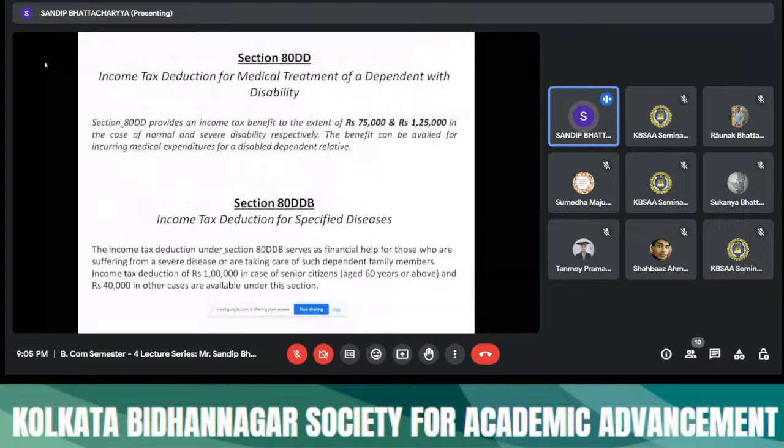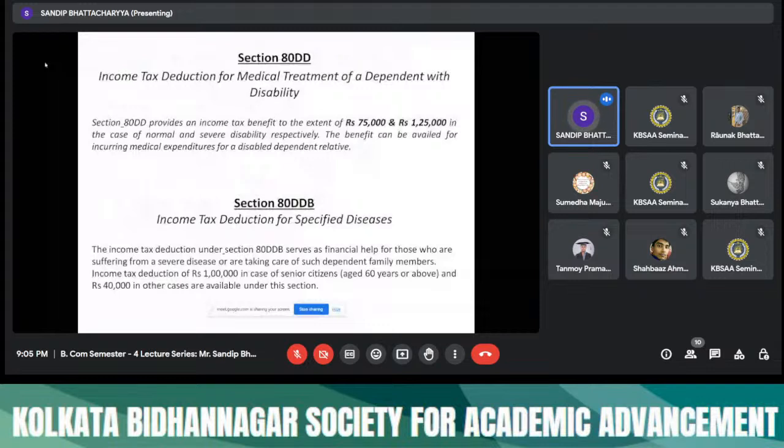I repeat this once again, যেখানে স্টুডেন্ট mistake করে, students usually make these mistakes. Person with disability is not for yourself under section 80DD.